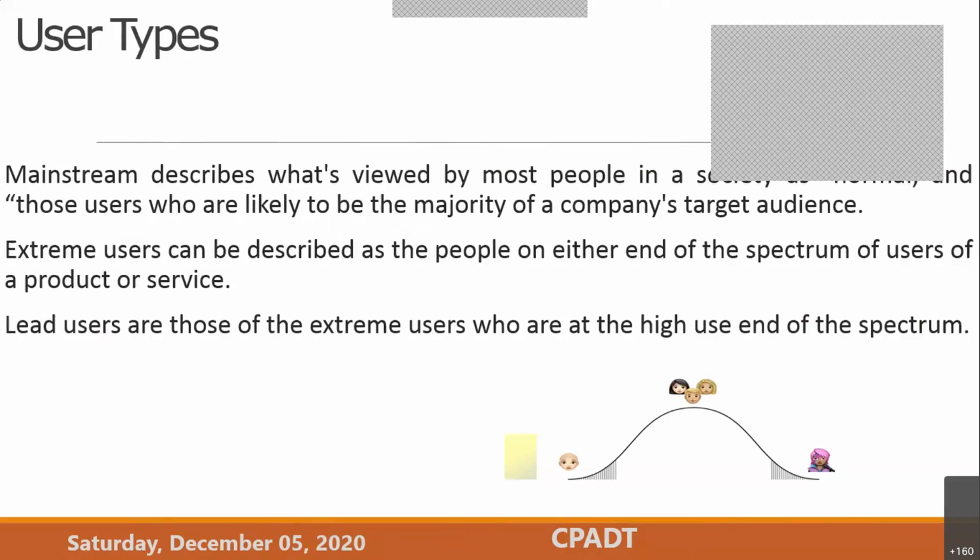In the figure of the spectrum that you have here, on one end you have the lead users, on the other end you have the extreme users, and on the top you have your mainstream users. Mainstream users are your larger population, and lead users and extreme users fall onto each end of your spectrum.